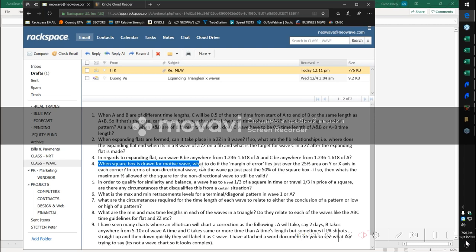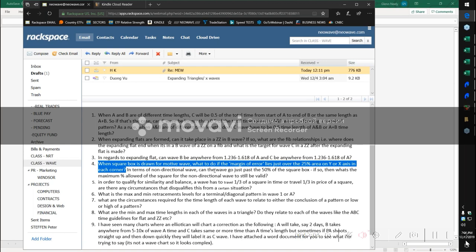When a square box is drawn, can you explain what you're asking here? Basically, if you've got a motive wave and you draw a perfect square, and the first wave covers just over 25% on the y-axis or the x-axis, does that qualify for the similarity and balance rule? Remember, price is not enough.